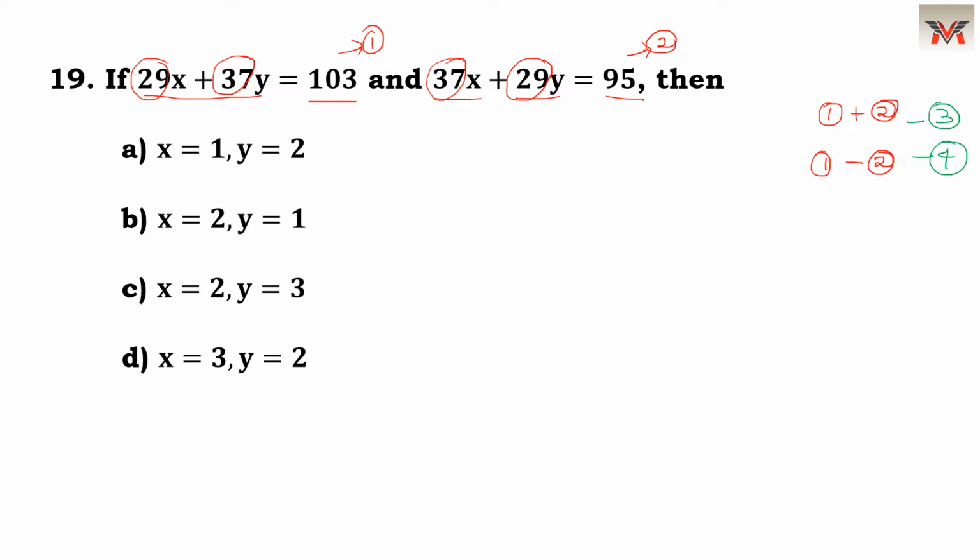Then you can simplify 3 and 4 instead of 1 and 2. It becomes much easier. So let us go with the first part, that is equation 1 plus 2.